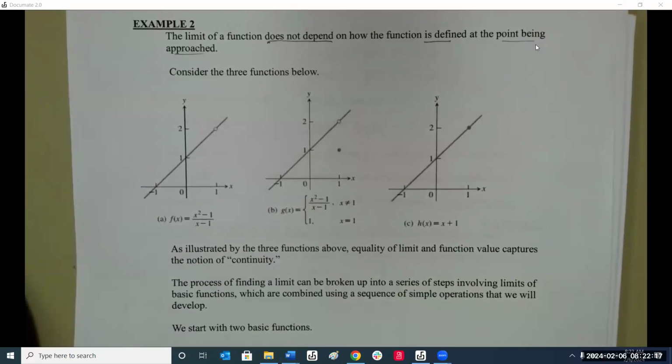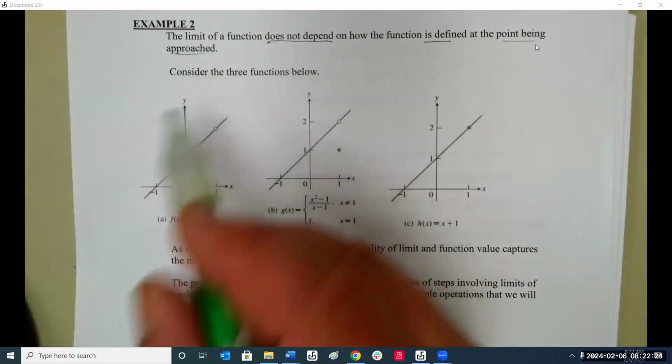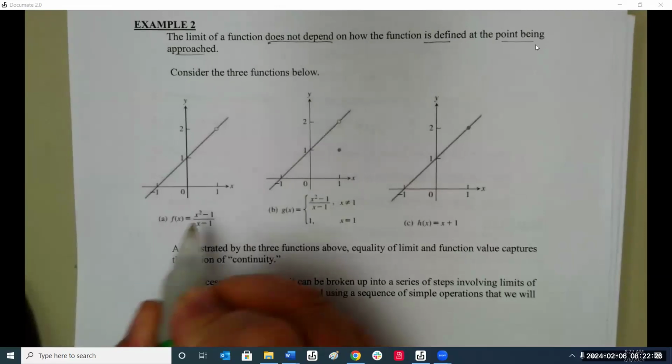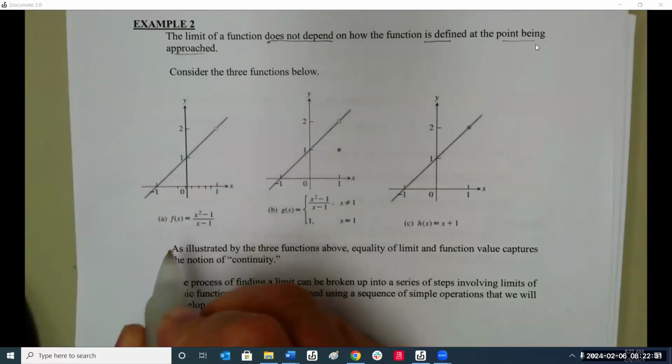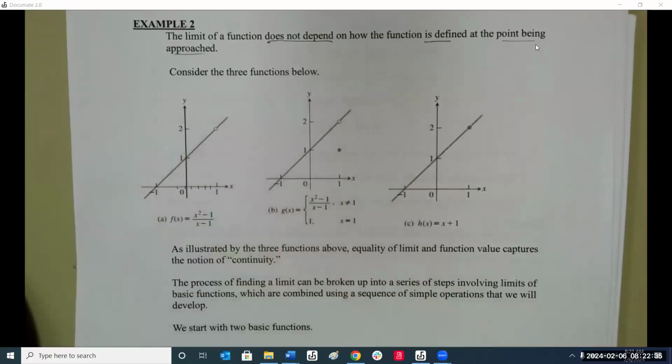How would you interpret that one? This is the first one we just did. As our x's approach 1, what does our limit approach? That's how you'd interpret it.